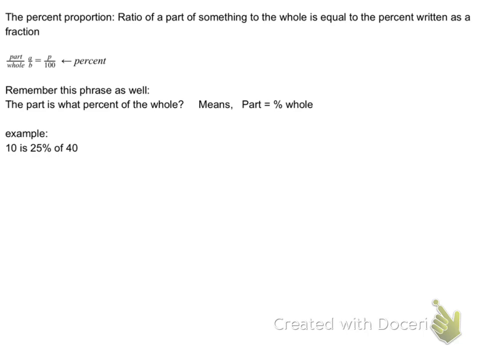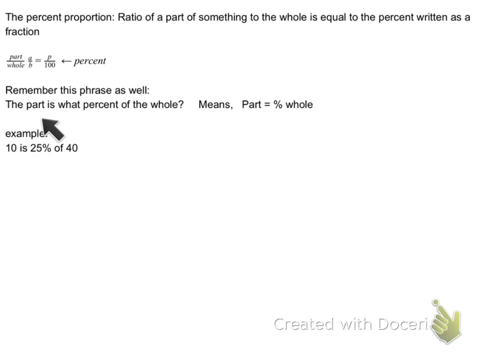That's a little difficult to remember sometimes. But if I do have that set up, I can cross multiply and I'll be able to solve for P, A, or B if given two of them. What I like to say is the phrase I have written there. The part is what percent of the whole?